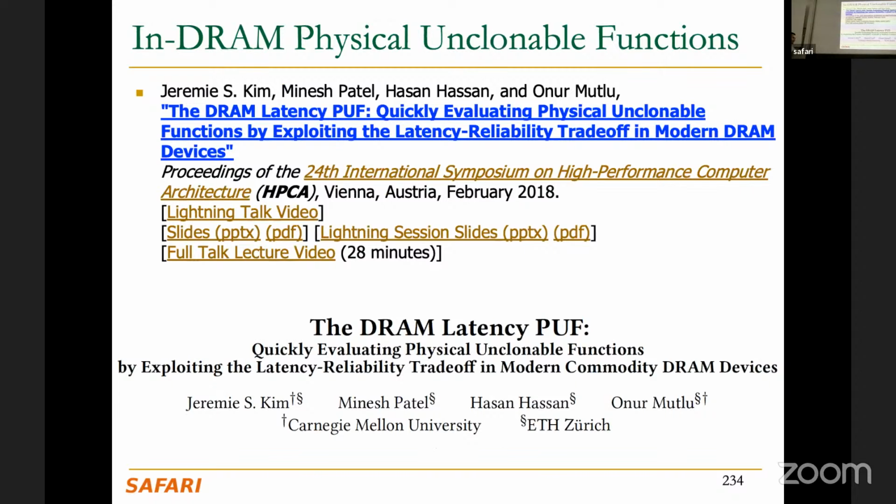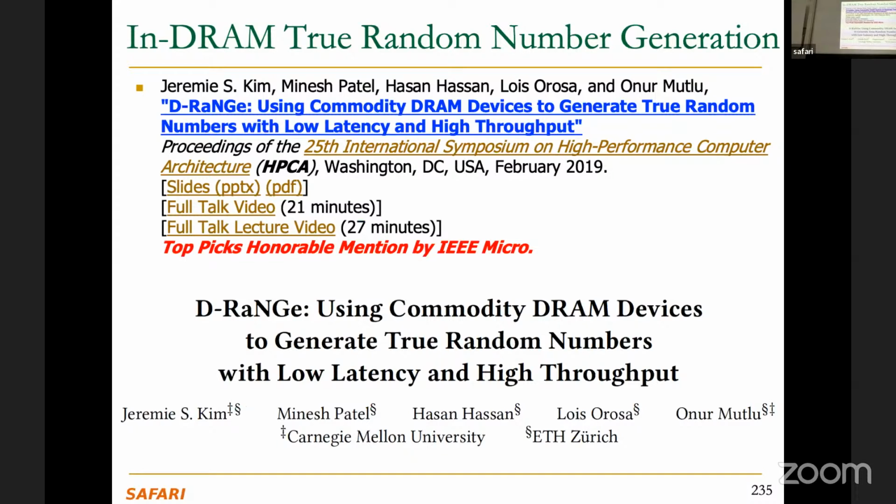Basically, revisiting the type of operations that we are doing: we did row copy operations, initialization operations, bitwise AND and NOR operations, and arithmetic operations at large and smaller granularities. And there are even other things that we can do. For example, we can use these DRAM latency puffs for physical unclonable functions inside the DRAM array itself, or we can generate true random numbers inside the DRAM chip itself by following this multiple row activation procedure.